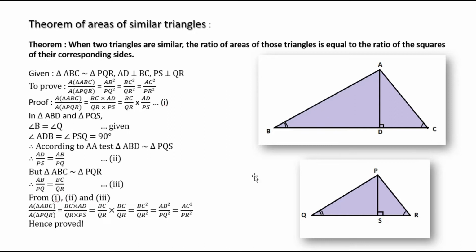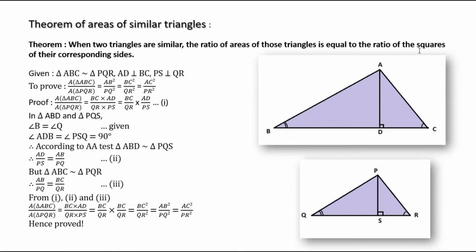So, in triangle ABC and PQR, A corresponds to P, B corresponds to Q, and C corresponds to R. So, AB corresponds to PQ. Hence, if we want to take ratio of their squares, then we can take AB square upon PQ square. This is one pair here. See this, AB square upon PQ square. This is one-to-one correspondence. Next is BC square upon QR square.